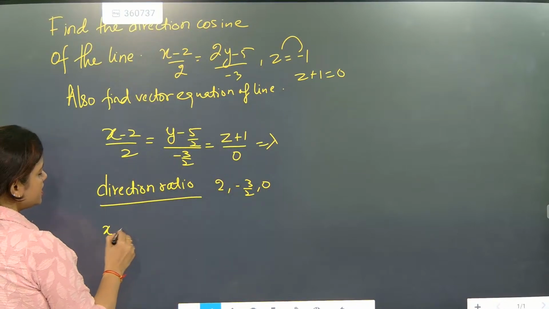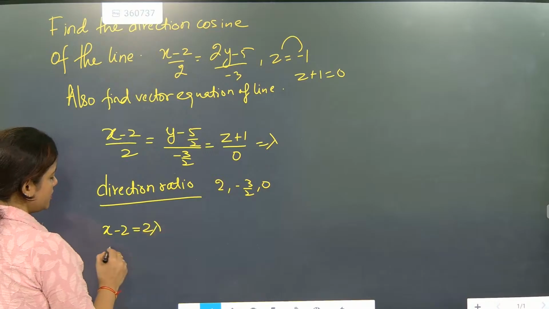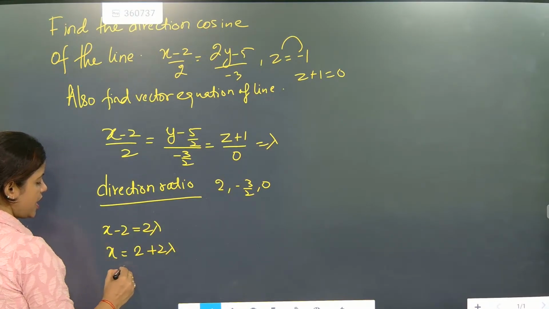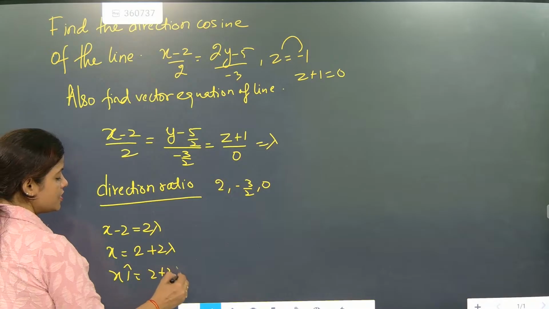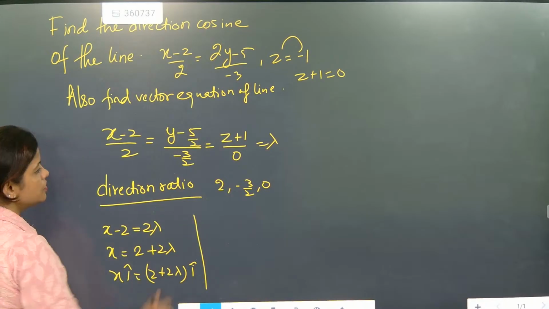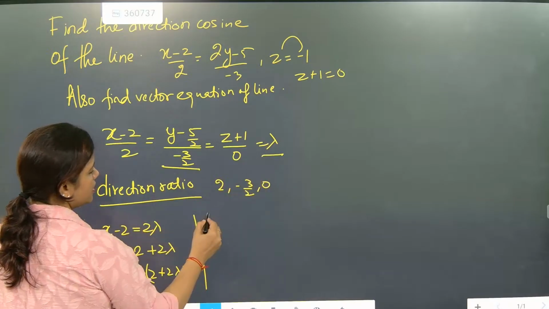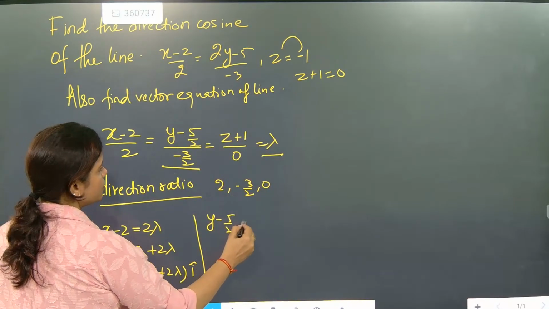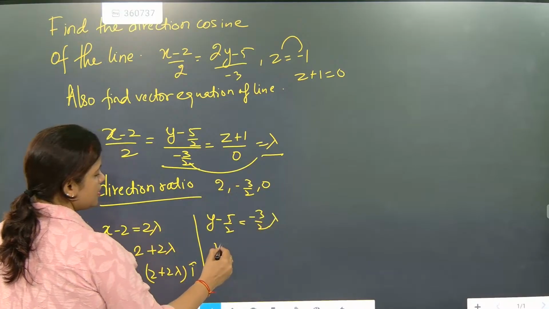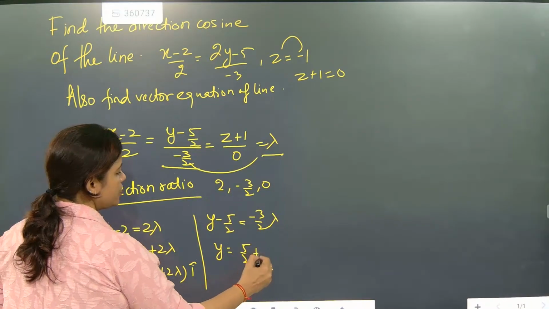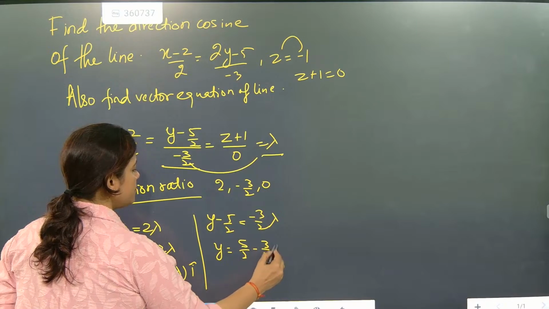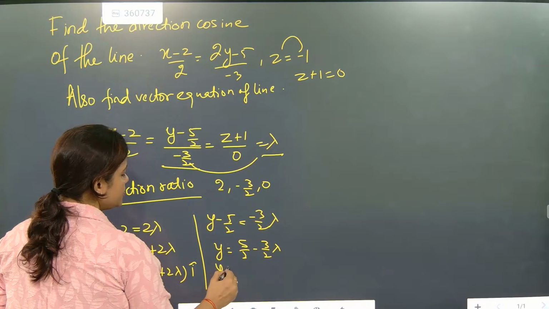So x minus 2 is equal to 2 lambda, so x is equal to 2 plus 2 lambda, times i cap. This is the x component. Now y minus 5 by 2 is equal to minus 3 by 2 lambda, so y is equal to 5 by 2 minus 3 by 2 lambda, multiplied with the j component.